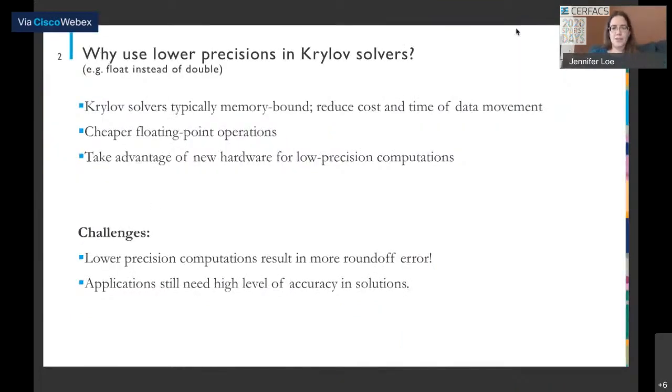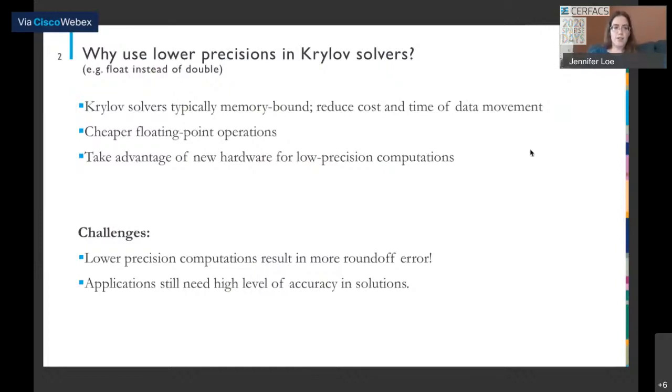So the previous two speakers have given you a great introduction to GMRES with iterative refinement and why you might want to use lower precisions in Krylov solvers. Just to recap, Krylov solvers are typically memory bound, so using lower precision, and in my case that means float precision instead of double precision, can reduce the cost and time of data movement.